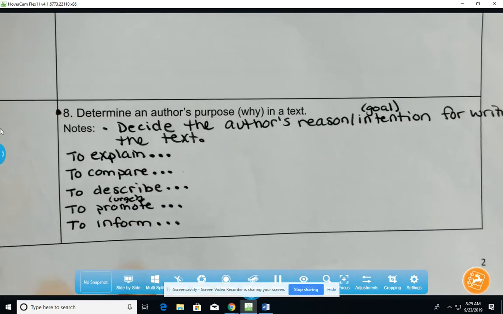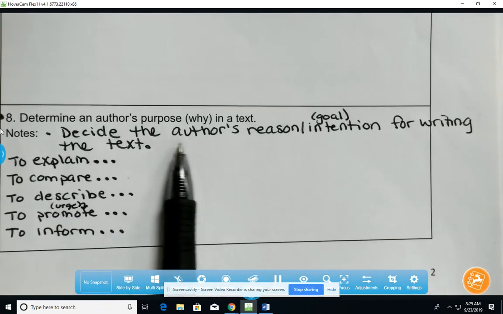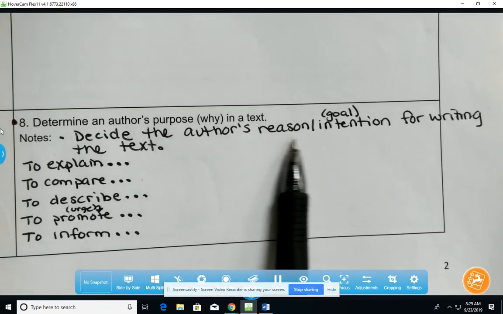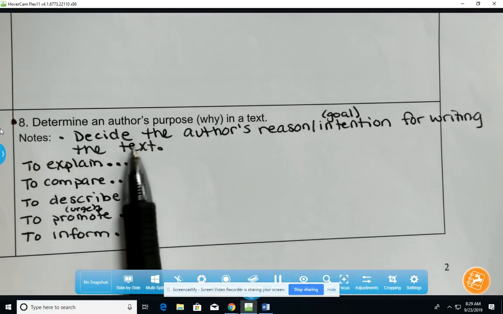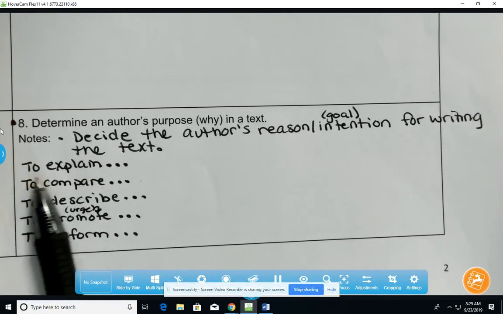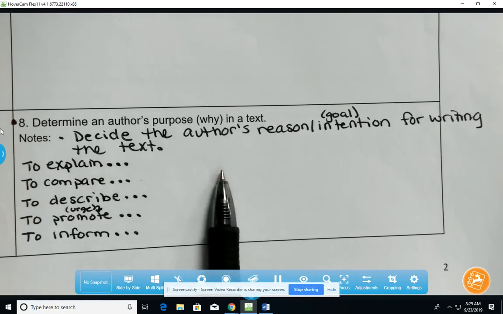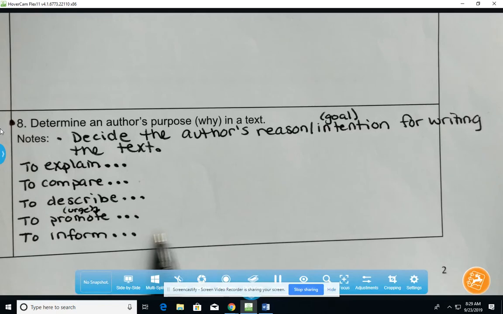So for this one, we are focusing in on learning target number 8, to determine the author's purpose, the why of the text. That means to decide the author's reason or intention, their goal for writing the text. As we talked about, one of those options that you can begin this final question, this final phase of the reading, is with to explain something to the reader, to compare something for the reader, to describe something for the reader.